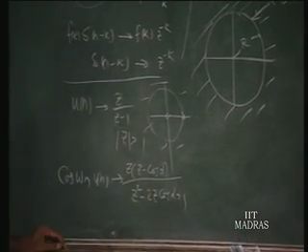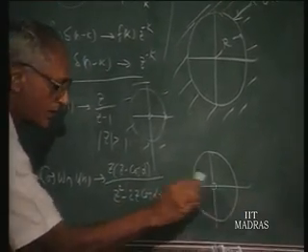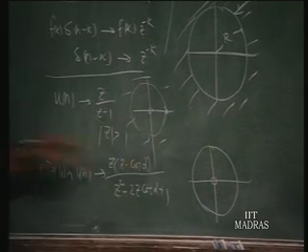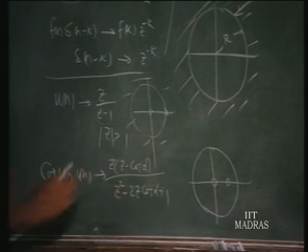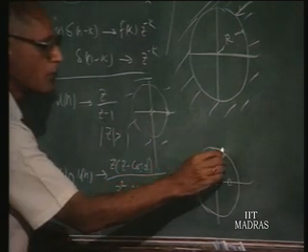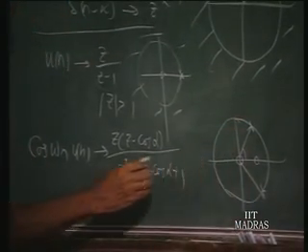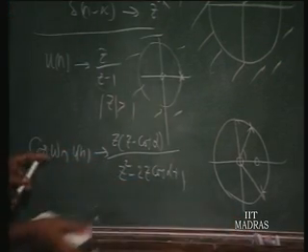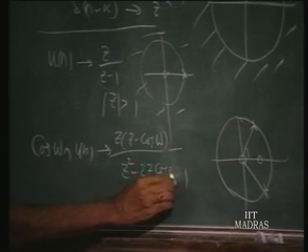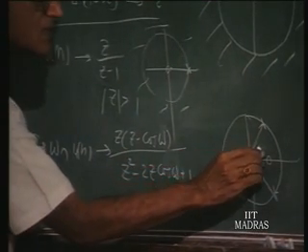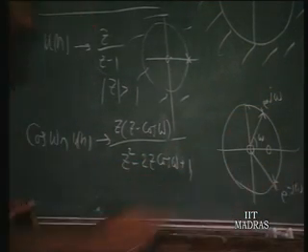Now if you look at the poles and zeros of this function, there is a 0 at the origin, z times z minus cos omega, there is a 0 at cos omega, and this denominator gives rise to two factors which give the poles at these two points. I'm sorry, this should be cos omega, not cos alpha. So the angle of this is omega, so this is e to the power of j omega, this is e to the power of minus j omega. So these are the poles.